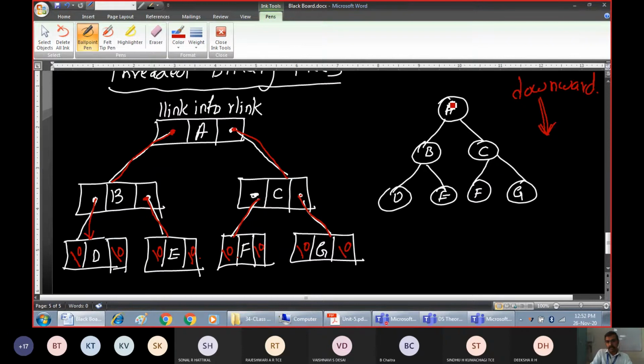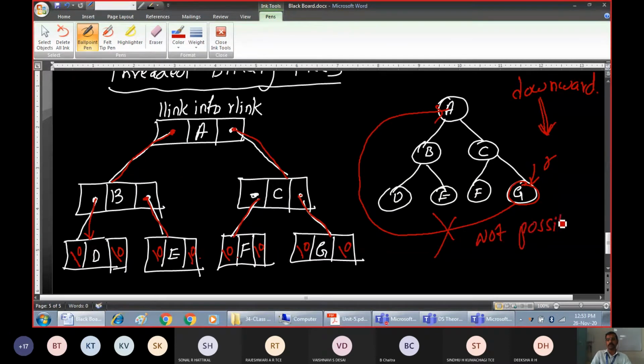That means, given the address of A, we can go to B and C. Given the address of B, we can go to D and E. Given the address of C, we can go to F and G. But assume I directly give you the address of G. We cannot go back to A. It is not possible. Given the address of any child, you cannot go back to the parent. But from the parent, we can come to the child.